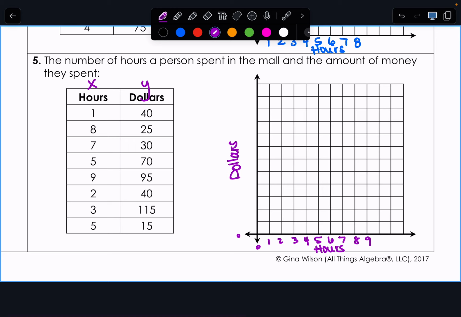Okay, now we have a range from 15 to 115. So we're going to have to count by something other than 1 anyway, and we're as low as 15. So maybe I just count by 15s. 0, 15, 30, 45, 60, 75, 90, 105, 120, and call it good. Is that okay?